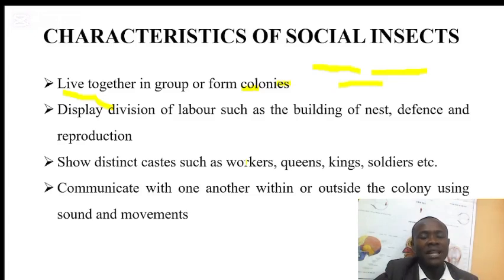In some cases, like we have in bees, the way they move can inform the colony that the food is far away. In the case of movement, like in bees, they may perform a certain dance, and that dance can indicate that the food is closer or farther from the colony.